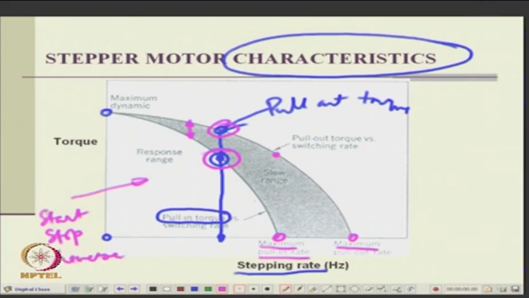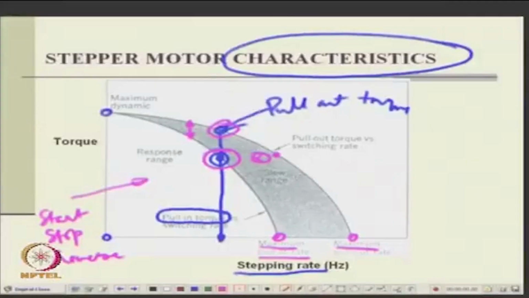This is a healthy range, the response range. At this torque, it can start the motor, it can stop the motor, but beyond that it can't do anything. The only thing that happens in this range is that if it is running, it will continue to run, otherwise it will go out of step. So this range is called the slew range.